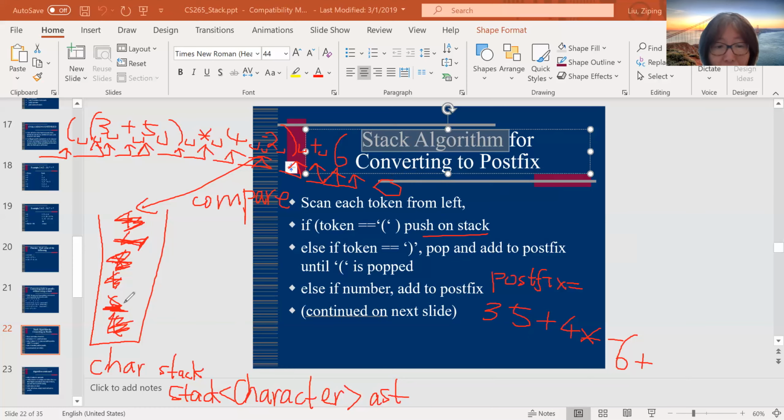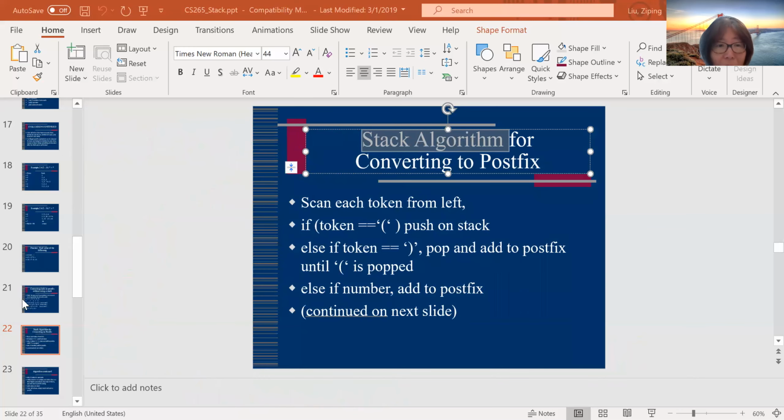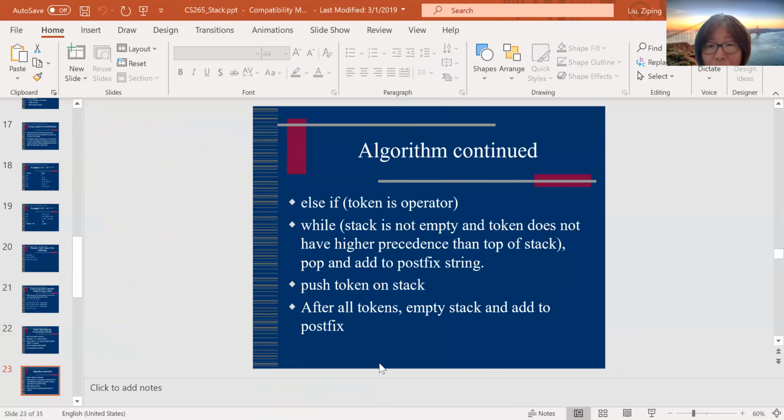Here, once again, we apply a stack, and this time the stack is a character stack. So that's the general idea about infix to postfix conversion.